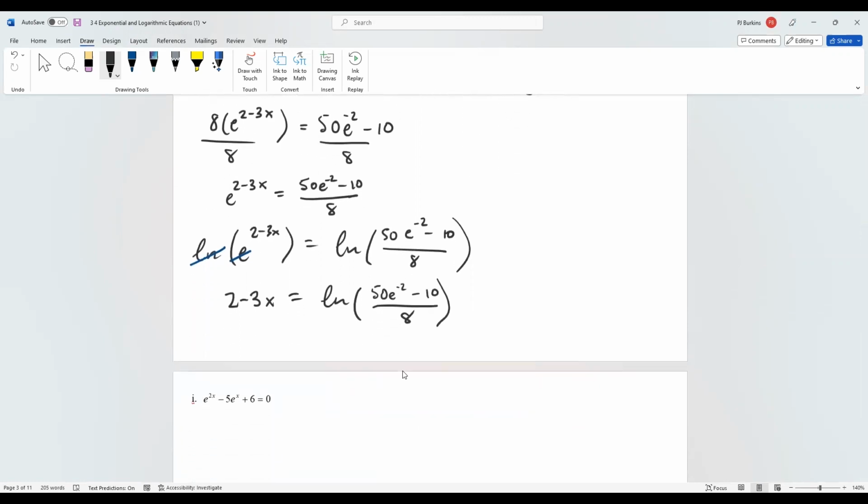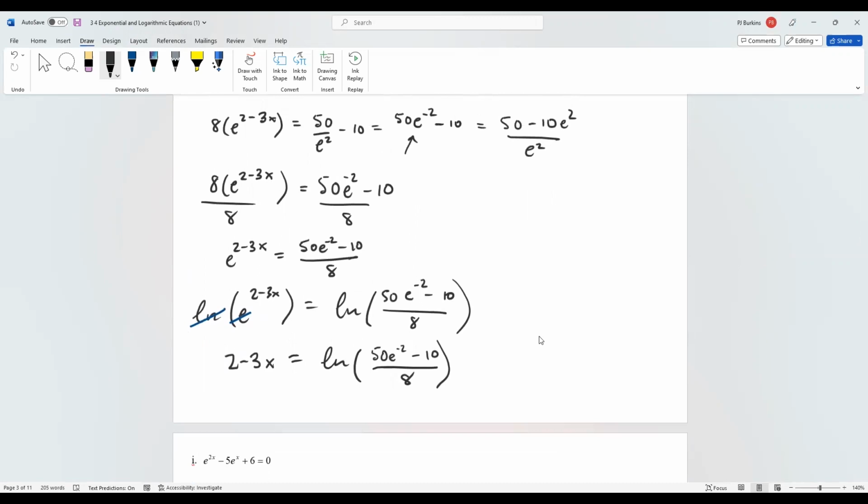So now I need to subtract the 2 to the other side and divide by -3. So I'm just going to come up here where I have some room. So it's natural log, all of this, minus 2.